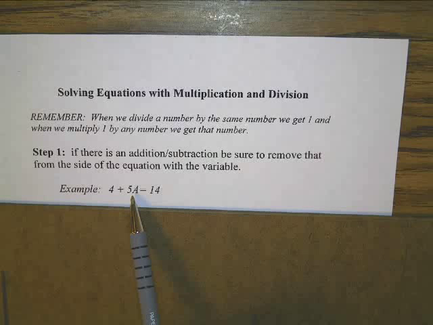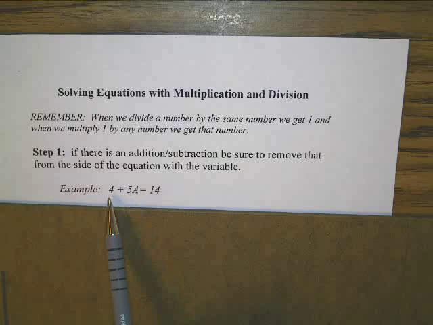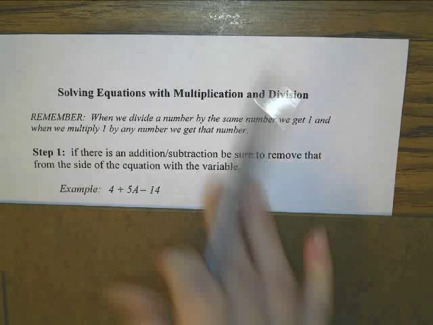The number 2, right? Here's where it gets tricky. What is our order of operations? What do we do first? We do our multiplication first. So we have to take 5 times 2, and we get 10. And then we add 4 and we get 14.